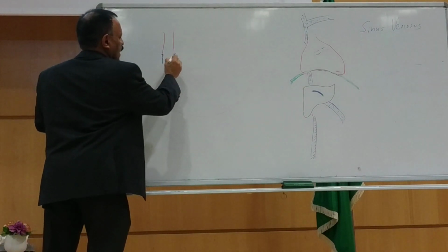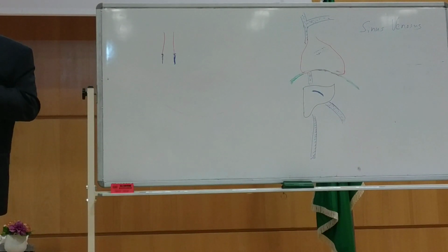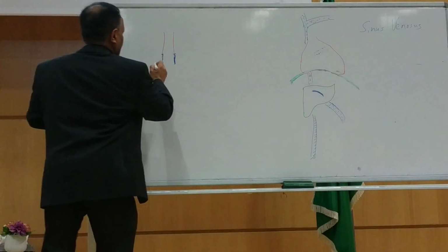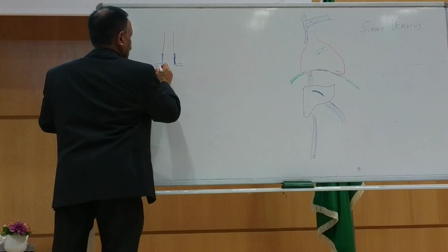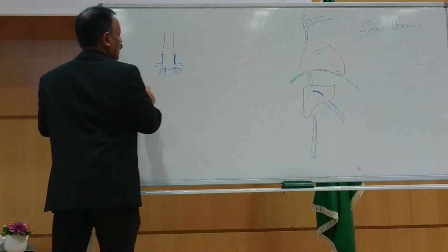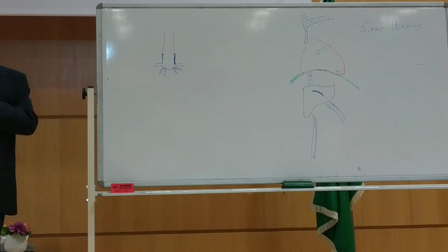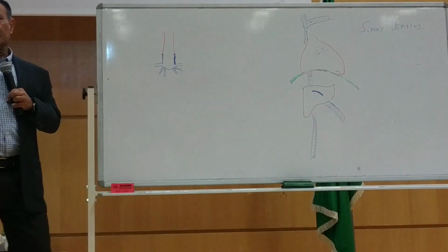And the sinus venosus initially will have three veins on either side, and you know those three veins. Let me draw that. On one side is this. Then you have this, you have this. So three veins. 1, 2, 3. This vein is called the cardinal vein.